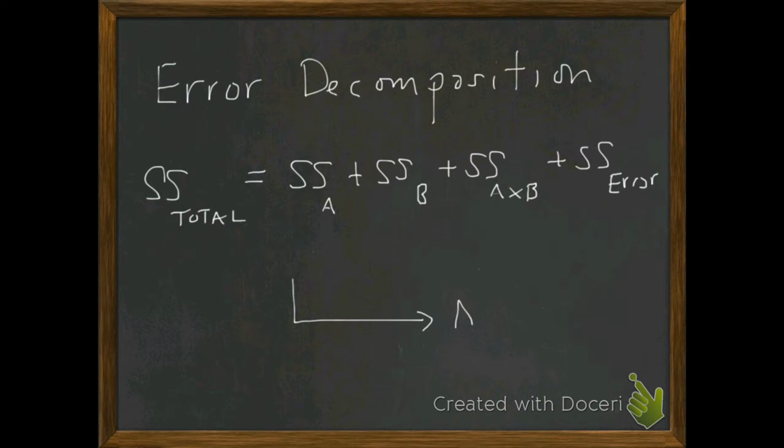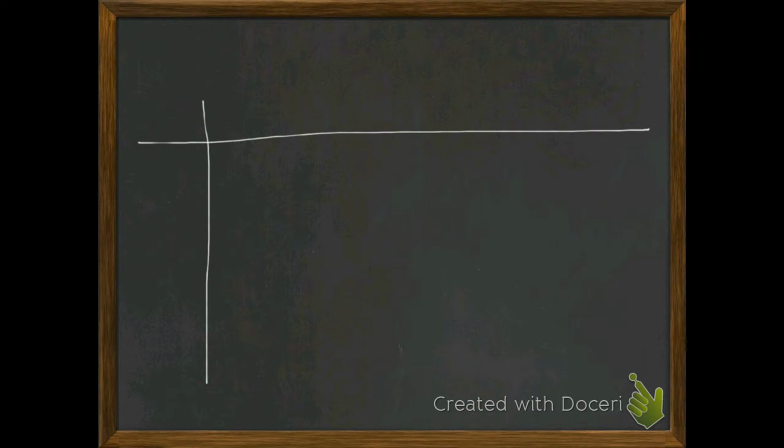Ultimately, we'll want to put this information in an ANOVA table. And guys, the ANOVA table, hopefully you remember this from back in 5500, will have factor A, factor B, the interaction, and the error.